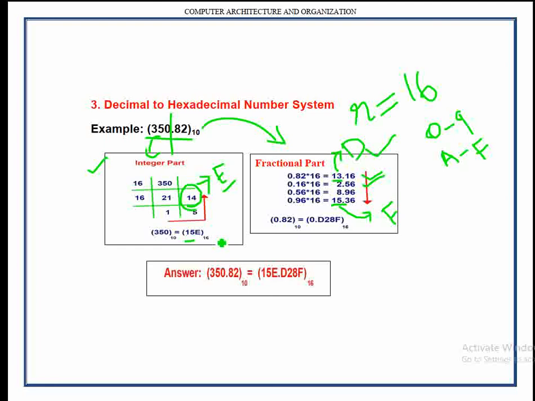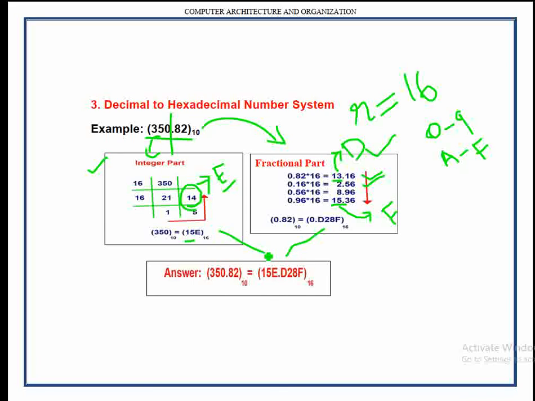So now we have the hexadecimal value for the integer part as well as the fractional part. Hence, let's combine the values from the integer part and the fractional part.